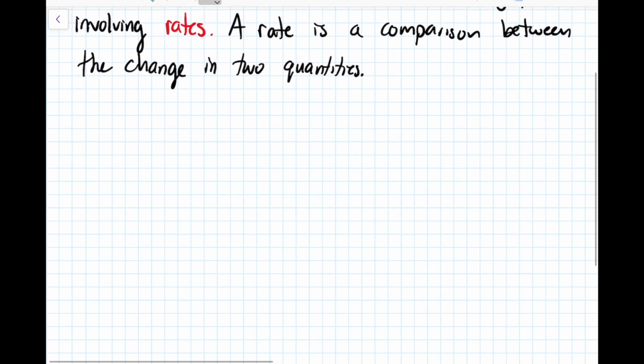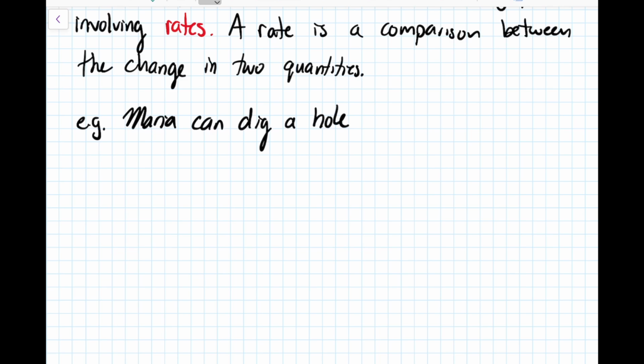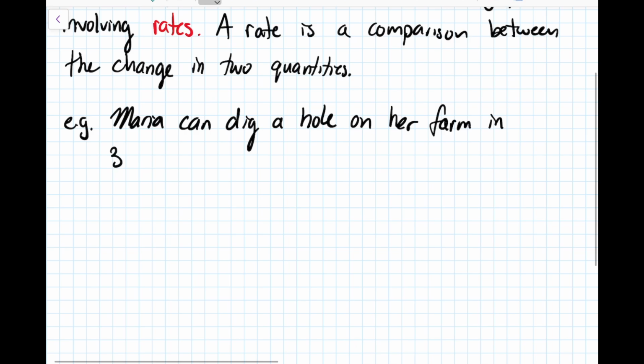And so our first type of problem is going to typically look something like this. So we've got Maria, and Maria can dig a hole on her farm in 3 hours. We don't know what the hole is for, but it doesn't matter.